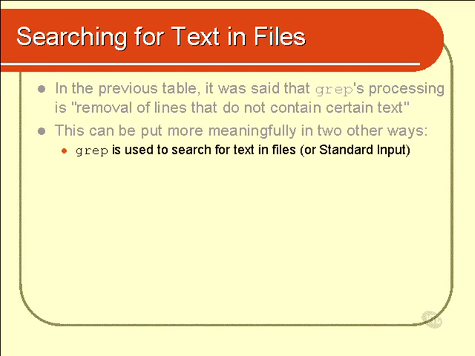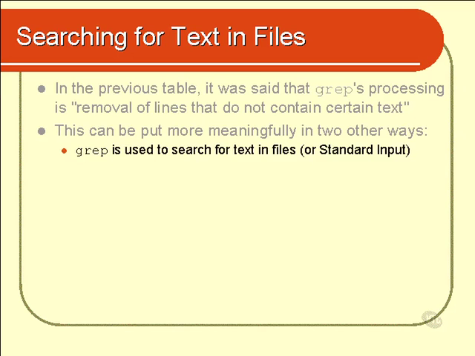You could say that grep is used to search for text in files, or you can use it to search for text in standard input. What this means is, if you specify a piece of text, say a word like your name or mark or anything you like, any word or other kind of text, and you also specify, say, a file name, then grep will look in that file and print out for you all the lines that contain that text.